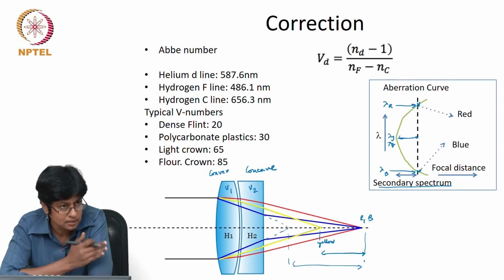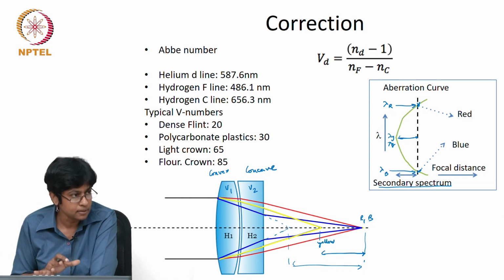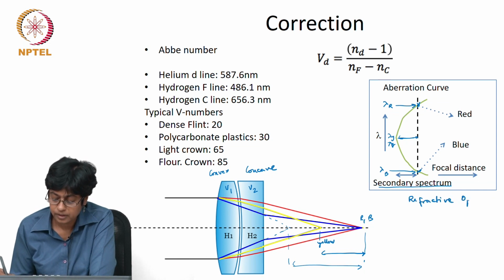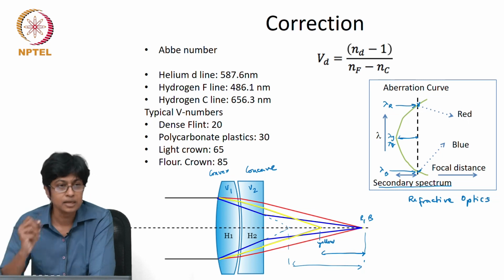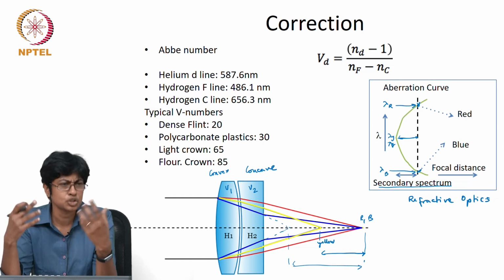We won't cover this in this class, but everything that we have been doing in this course has been related to refractive optics. So we've been talking about taking optical dielectric materials, usually glass.